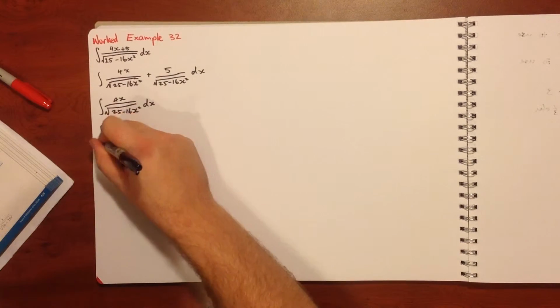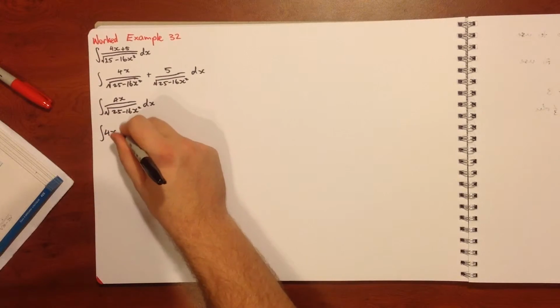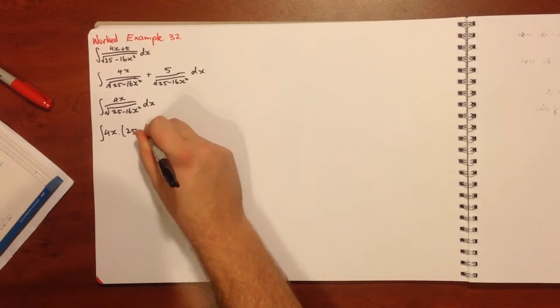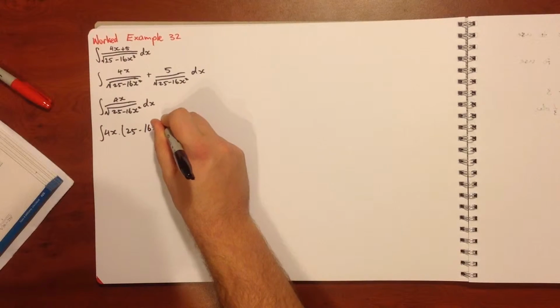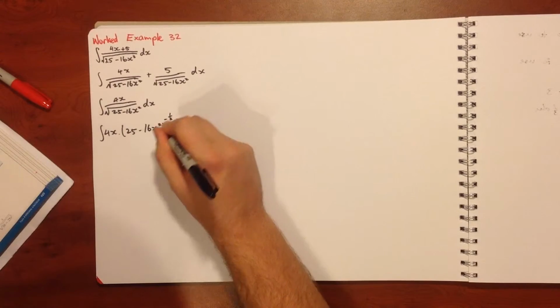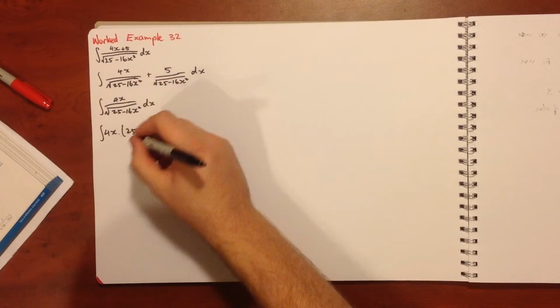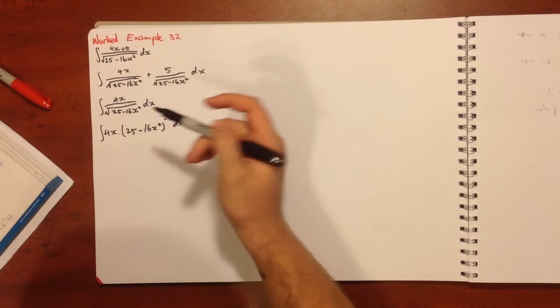So what we're going to do is rewrite this as 4x times 25 minus 16x squared to the negative half dx. Now we need to do that because of our x on the top line. None of our inverse trig has x on the top line.